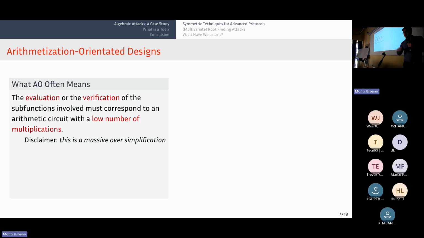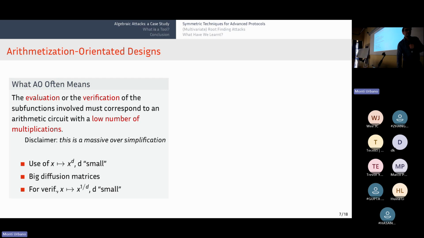Again, oversimplification, but let's work with that for now. So the primitives that have efficient arithmetizations will often use monomials, an x to the power d, where you try to keep d small.